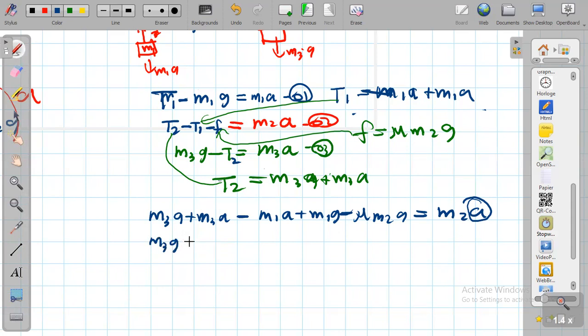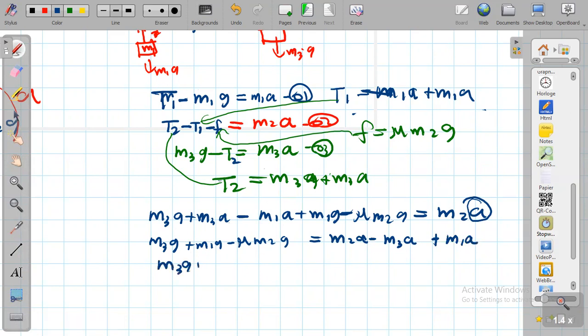M3G plus M1G minus mu M2G equals M2A minus M3A plus M1A.